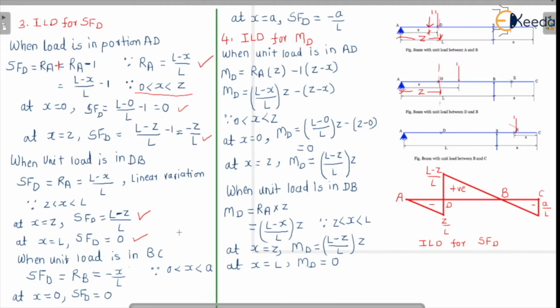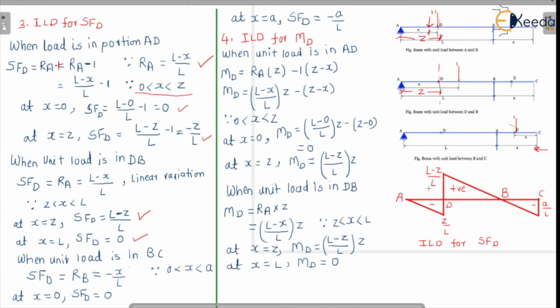So two cases are covered. Now let us come to the third part, when the unit load is in BC. For this, let us start the calculation from this side. See it from this side. Shear force at D is nothing but RB, and we know the RB value.